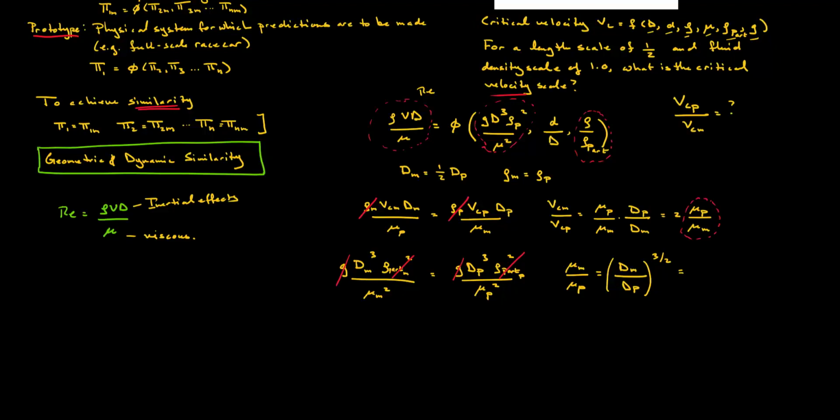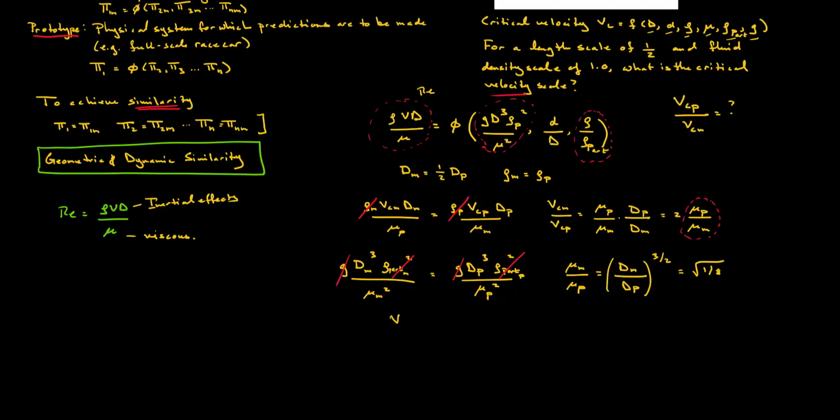And this we find to be equal to the square root of 1 over 8. And the reason for that is the model is 1/2 the diameter of the prototype. We raise that to the power of 3, that's 1 over 8, and then we raise it to the 1/2. So that's the square root of 1 over 8.